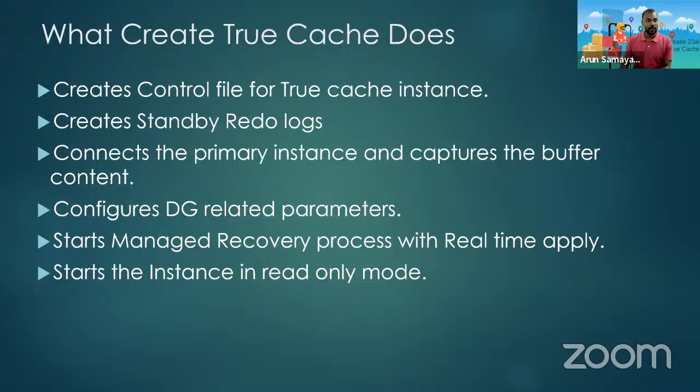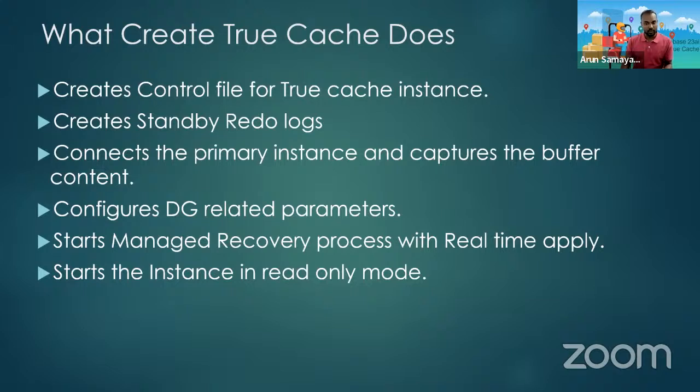Okay, and what does this create TrueCache command really do? What happens in the background is it creates a control file for the TrueCache instance and creates standby reader logs based on the standby reader log destination that we mention. It connects to the primary instance and captures all of the buffer content in the primary database and pulls all of that data in here.